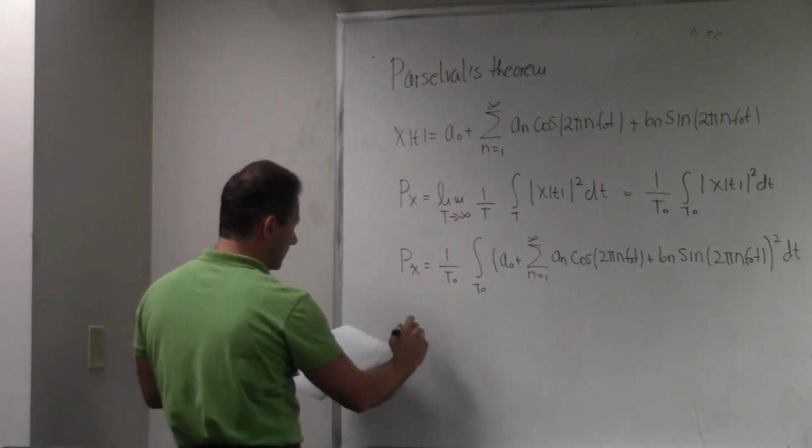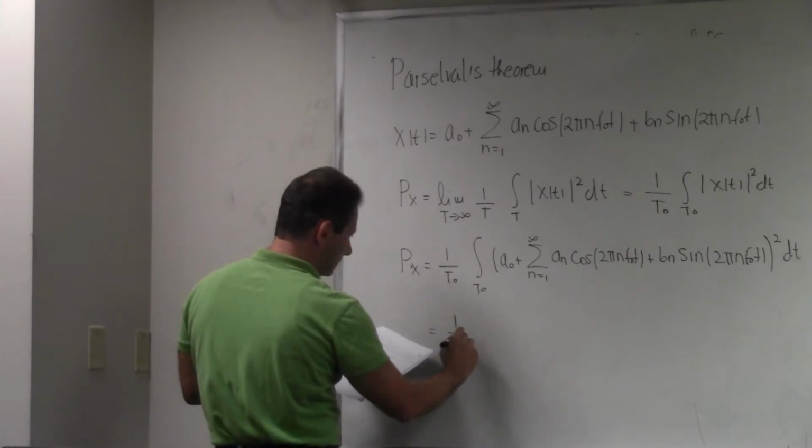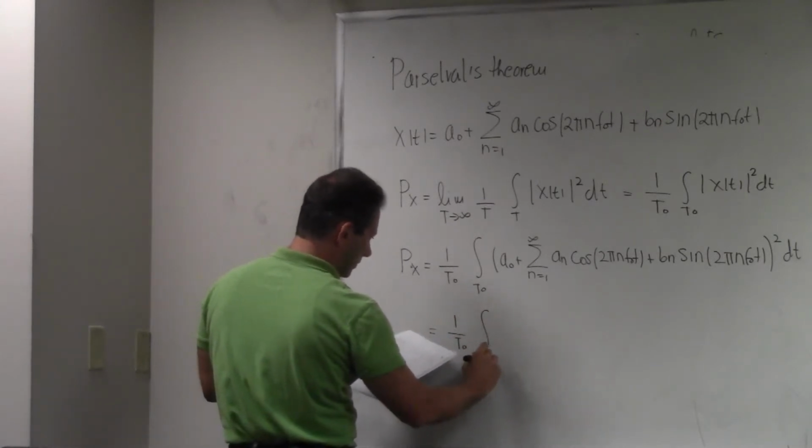So this becomes 1 over T0, integral over T0.